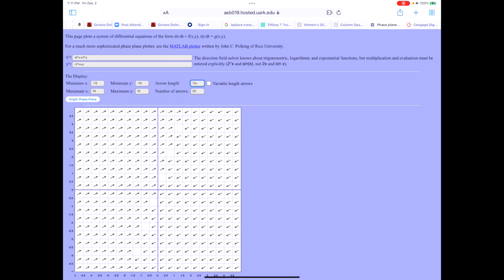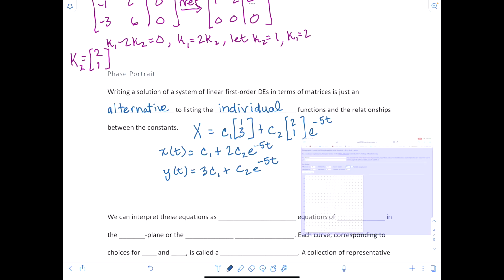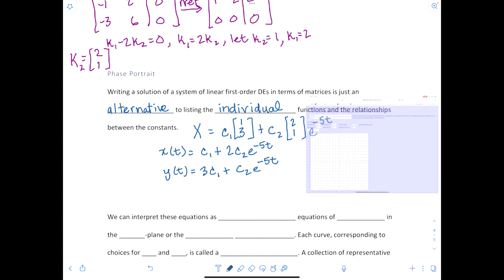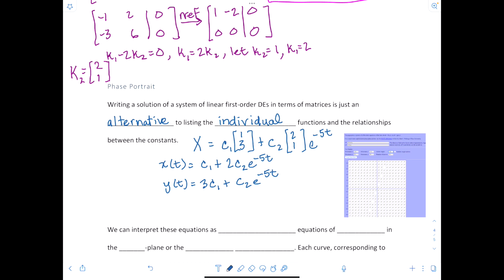There's a lot of different people that have posted this stuff online. So here's that last image. You can do it by hand. It's really kind of tedious. One way to do it is to go into parametric mode on your calculator and then just graph a bunch of different graphs like x at t, y at t, and you change the values for your constants because they can be any real number.